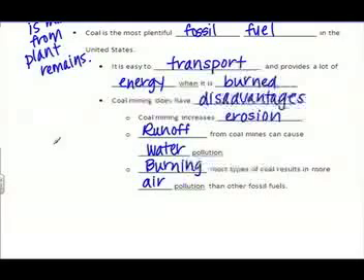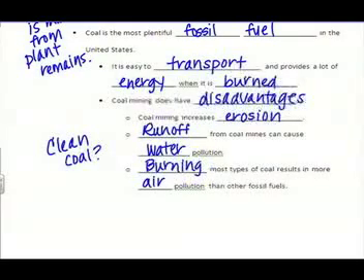But then what about clean coal? I'm sure you've heard about clean coal. Well, clean coal is a more environmentally friendly way of processing or burning coal, but it doesn't mean that it's not still a fossil fuel. So even though it says clean, and you might think renewable resources are clean, clean coal is still going to be a non-renewable resource.